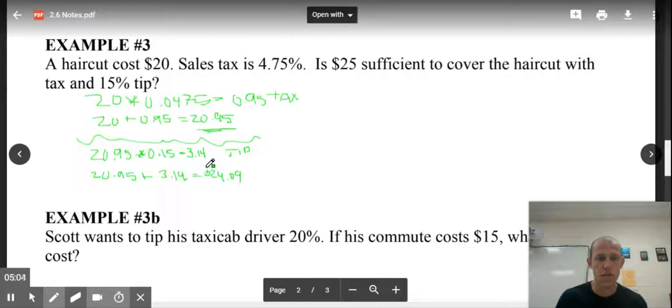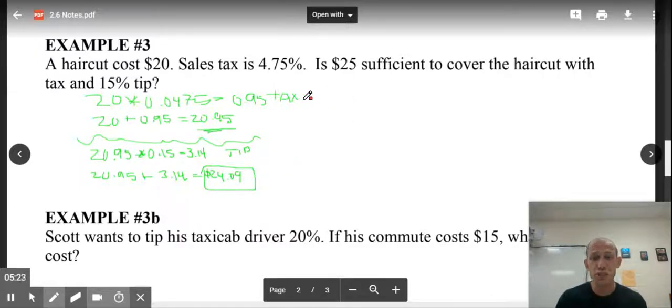So that is how much I'm actually paying. So is $25 sufficient to cover the haircut? Yeah, I'll still have 91 cents left.